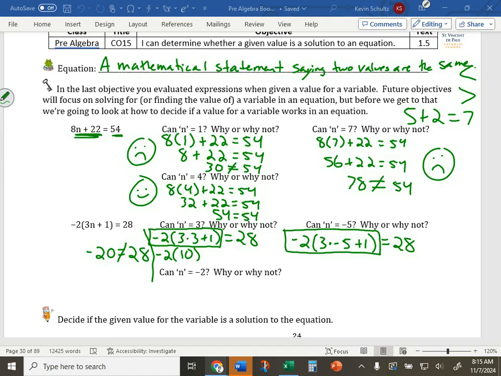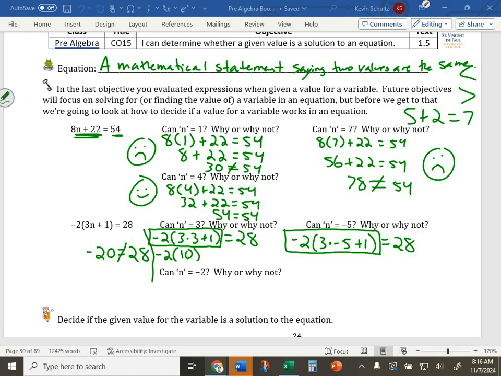Wait for a few more hands to go up to show that you have an answer. Then we'll see who wants to give it. Okay, keep your hand up if you're bold, brave, believe, and confident. Liam, what'd you come up with?